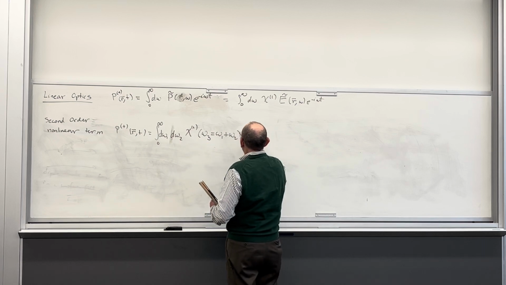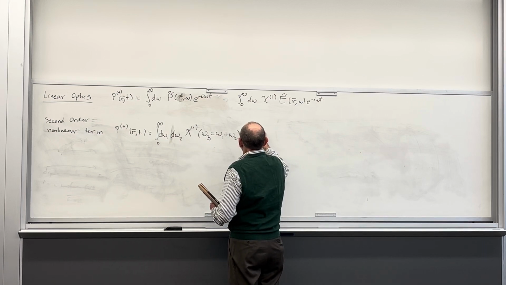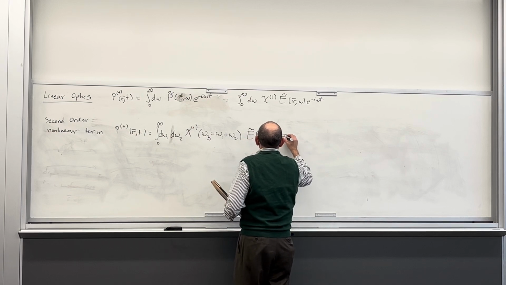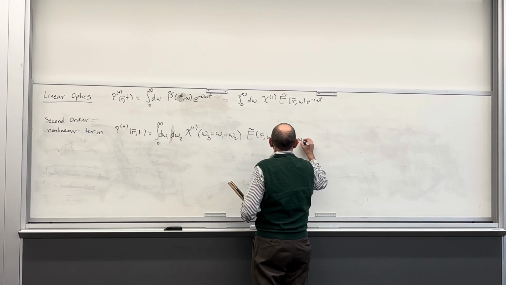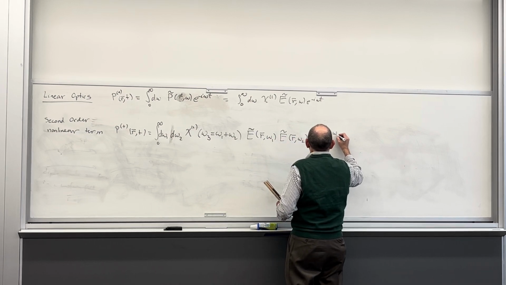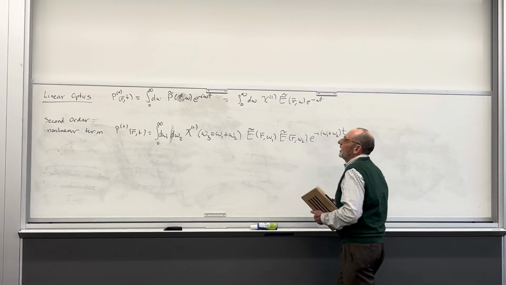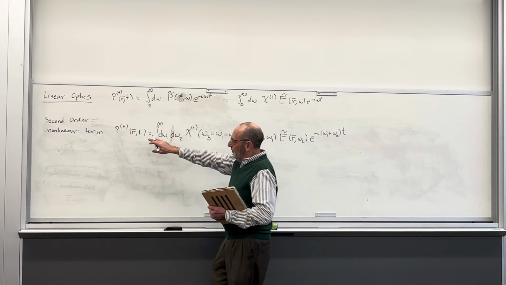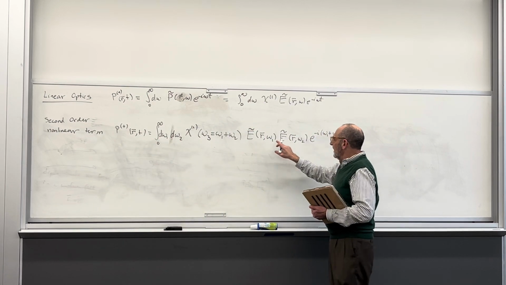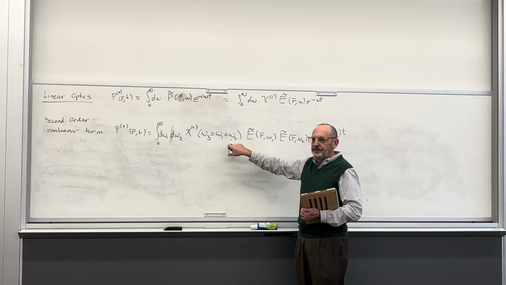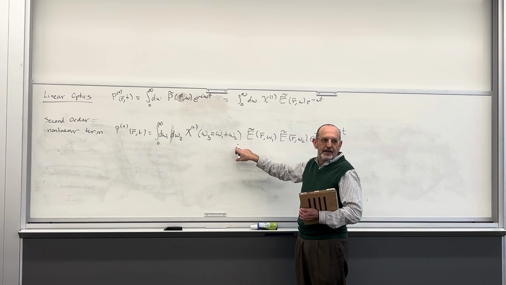This guy will have two terms. I'm going to have the electric field at frequency omega 1 and the electric field at frequency omega 2, and the sum of the two. Okay? So there's going to be a term in the positive frequency component, which is the beating of these two, both the positive frequency components, added together to give a total frequency omega 1 plus omega 2.